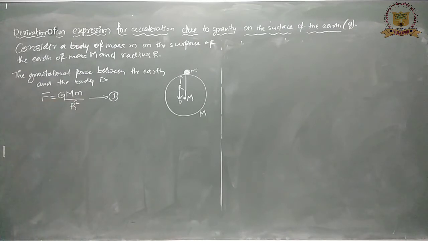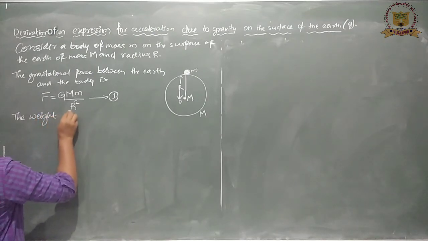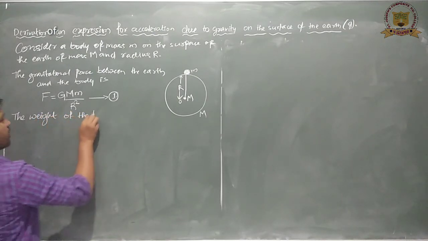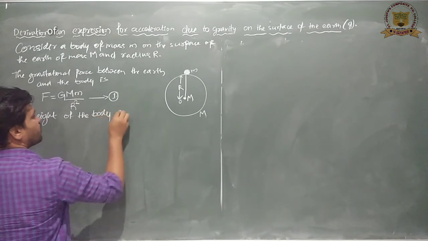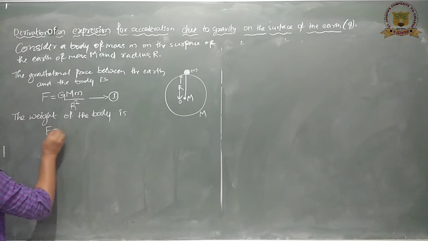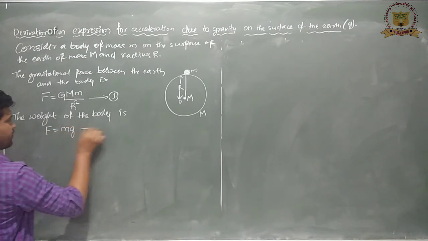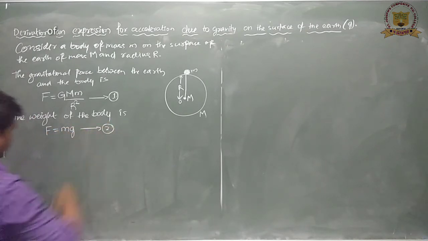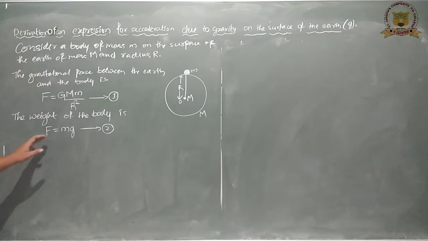And this gives the gravitational force of attraction between the earth and the body. And now the weight of the body on the surface of the earth is given by F equals m into g, and we call it equation number 2. You know that this weight is provided by the gravitational force only.